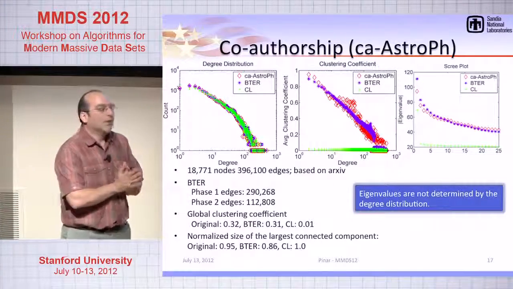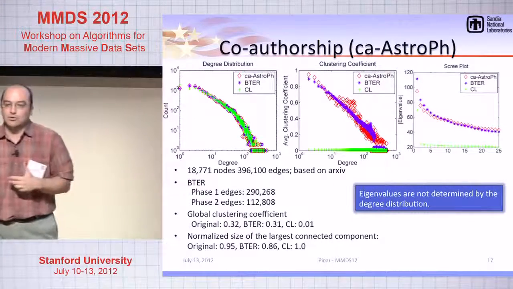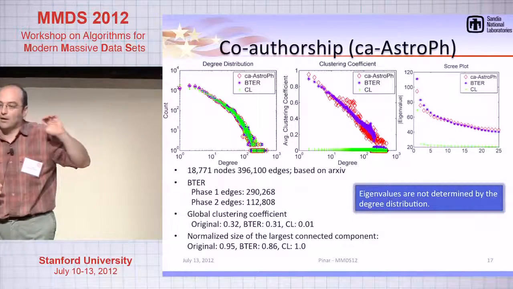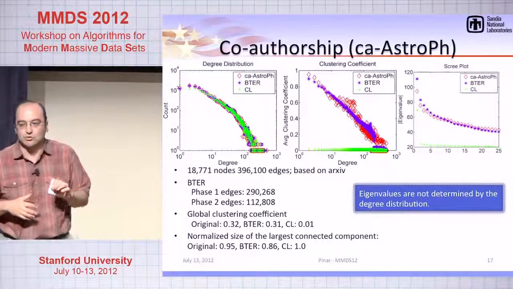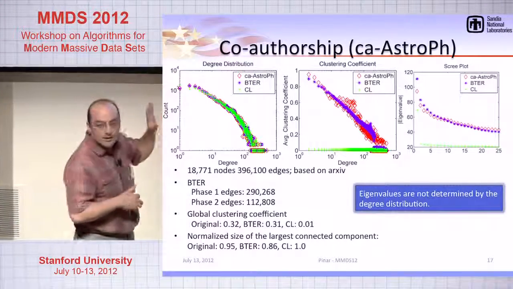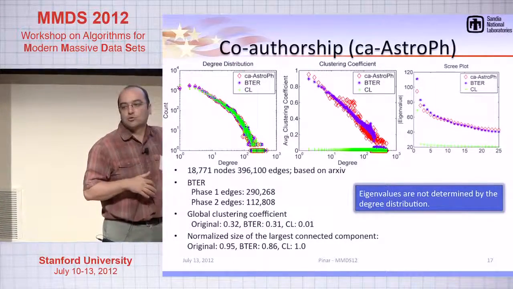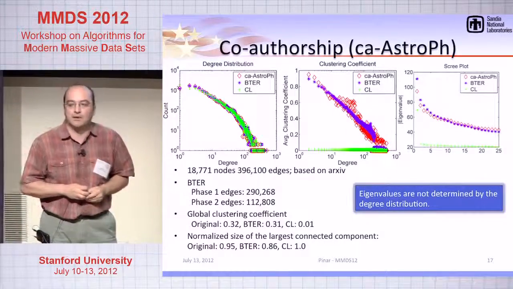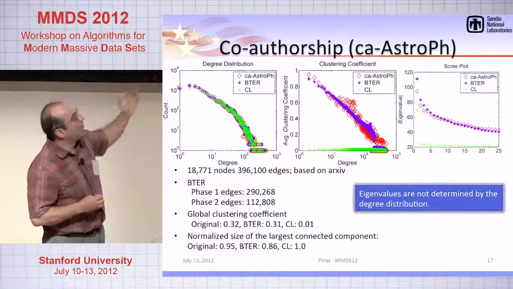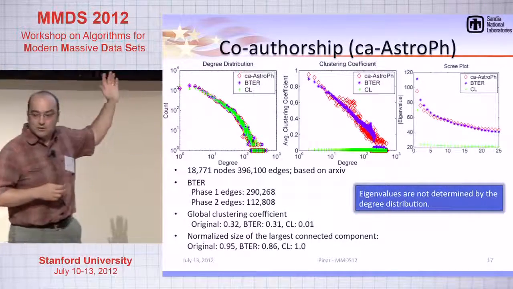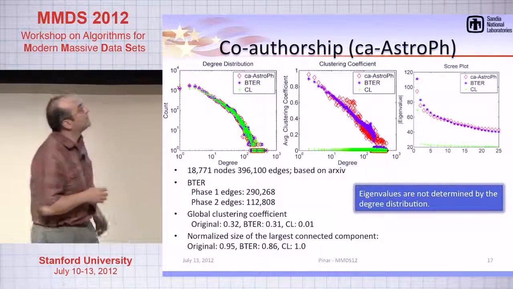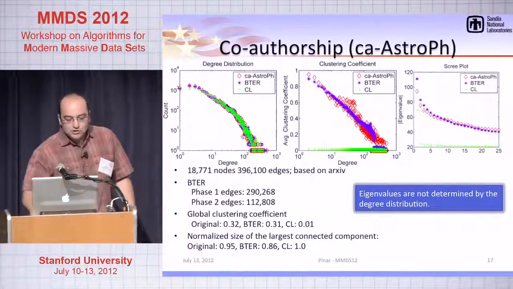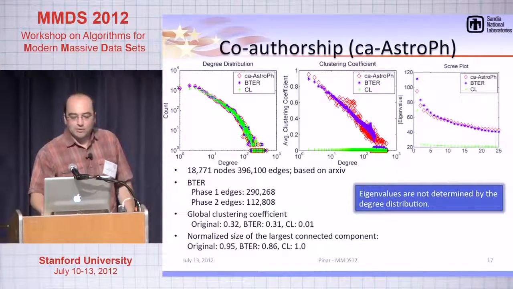If you're talking about a random graph with a given degree distribution based on the Chung-Lu model, yes, the eigenvalues will be determined by the degree distribution. But in this case, this is not a random graph determined by the degree distribution, and you cannot use the degree distribution to predict the eigenvalues. They're way off for Chung-Lu, even though the degree distribution matches almost perfectly, but BTER matches these eigenvalues very closely. The overall clustering coefficient and the size of the largest connected component are close as well.